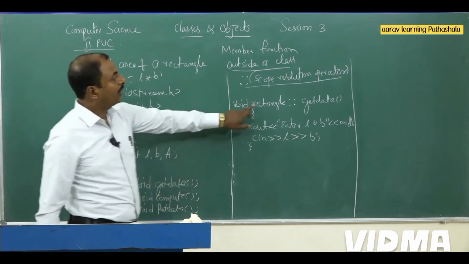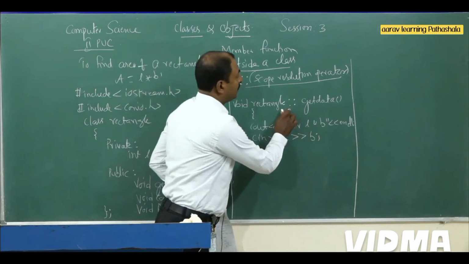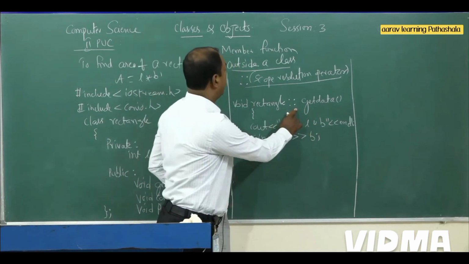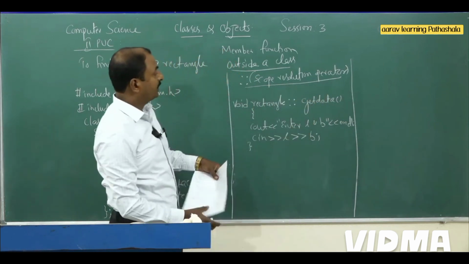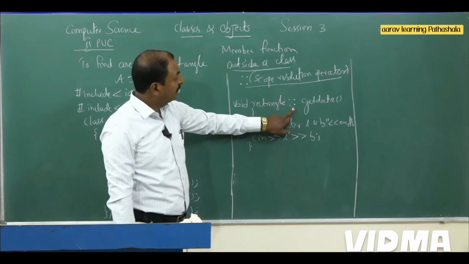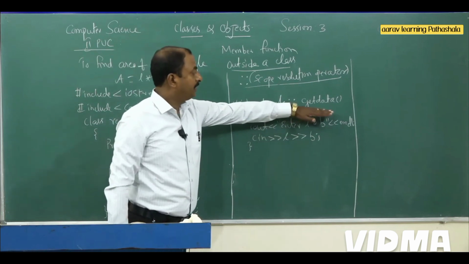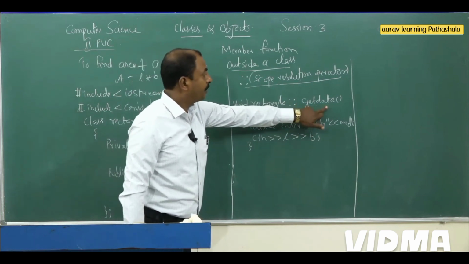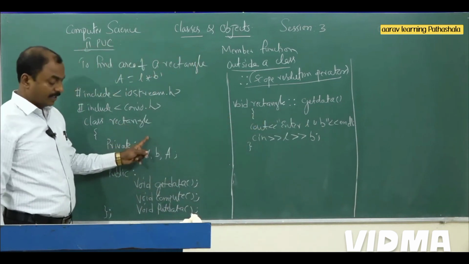So this is void rectangle get data, and these two colons are called the scope resolution operator. It indicates that this particular function belongs to the class rectangle.